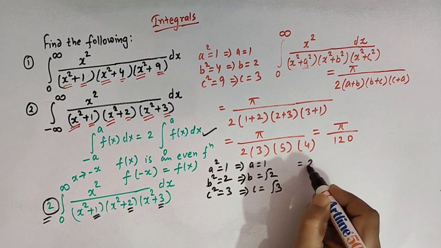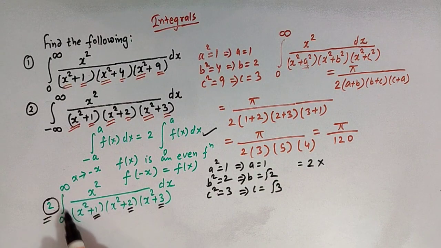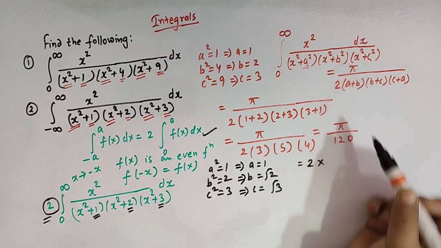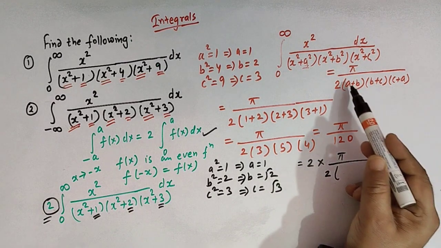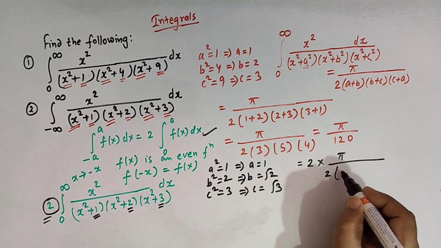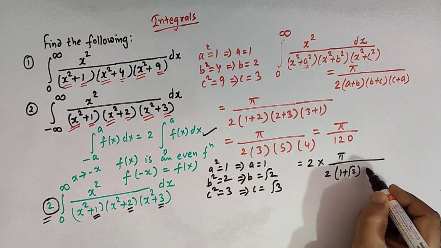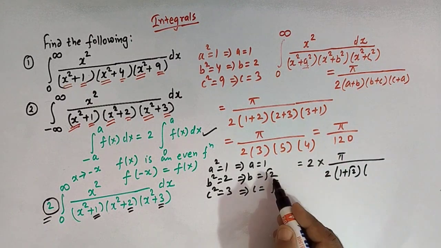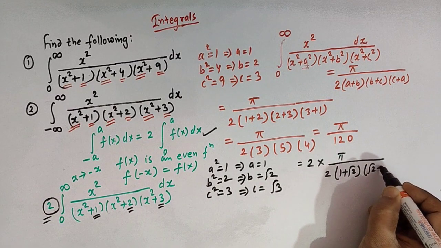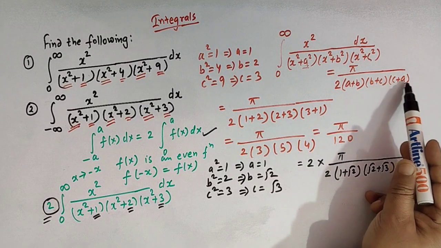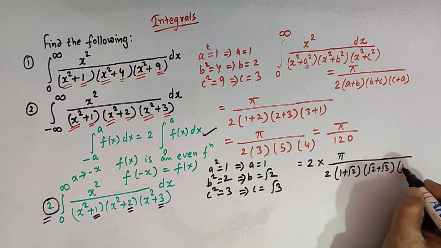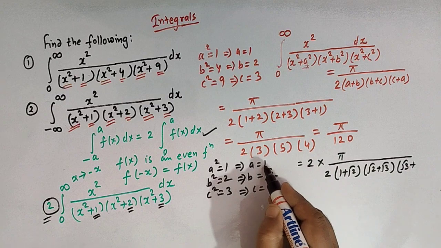So the value of this integral is 2 times pi divided by 2 times a plus b, which is 1 plus square root of 2, then b plus c, which is square root of 2 plus square root of 3, and then c plus a, which is square root of 3 plus 1.